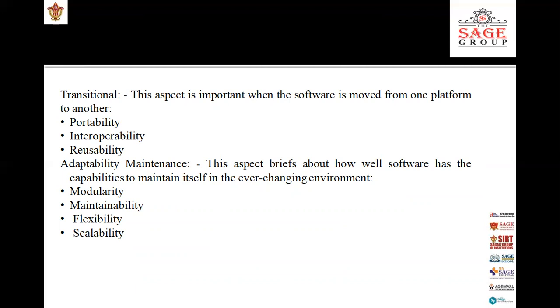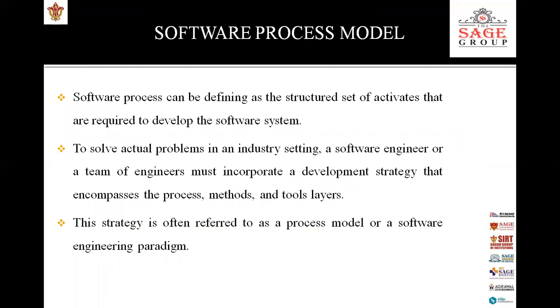Now I'm going to discuss the software process model. After understanding what software is, good software, bad software, and the difference between software and hardware, you might be ready to understand the software process model.